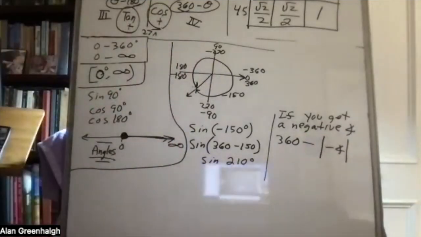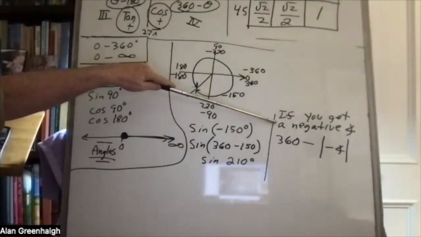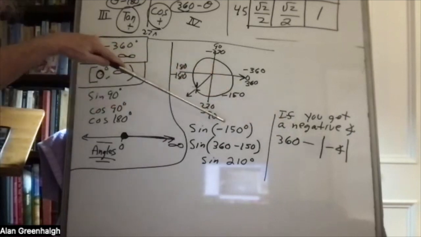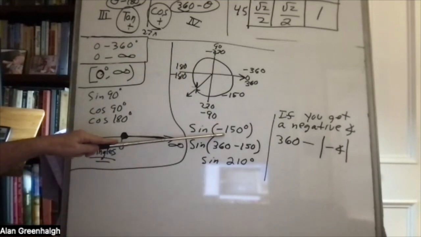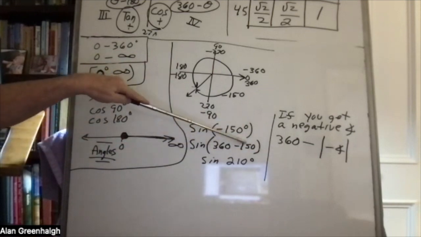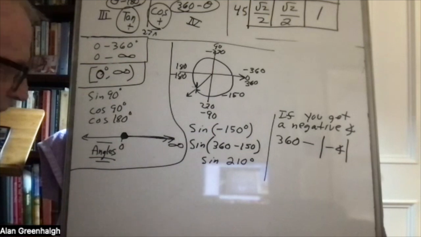I mean, you'll never find that in a book, but I like that. The way you convert this to a positive angle is simply subtract the absolute value from 360. Whatever the angle is. When it was negative 150, we subtracted 360 minus 150, and you get 210. So there, and let's do 210.